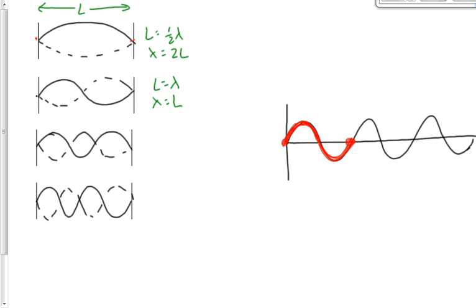Next one. We're going right through here, which is what we already have, but then we're going another half a wave right here, right to there. What's that? L is equal to what now? 1 wave, 2 waves, 3 waves, a half a wave? It's 1.5. Now, I'm going to write it as L is equal to 3/2 lambda.